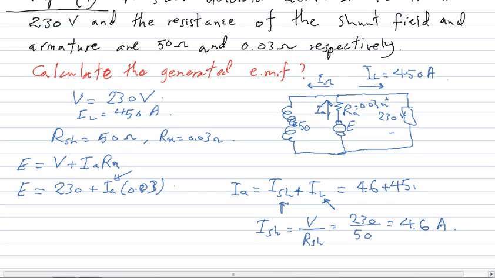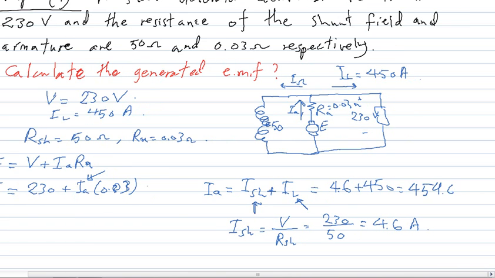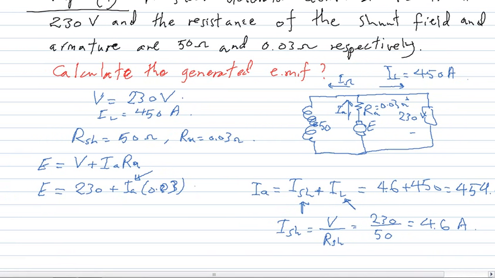Plus 450, thus it will be 454.6 amperes. Then E will equal 230 plus 454.6 multiplied by 0.03. This gives us 243.6 volt. So this is the answer for this question.